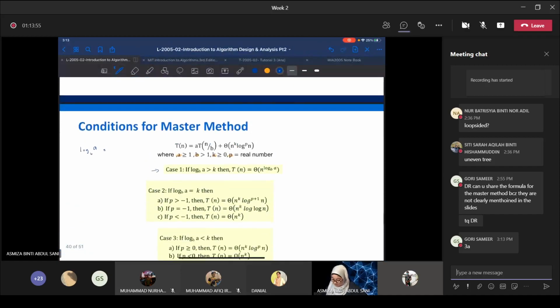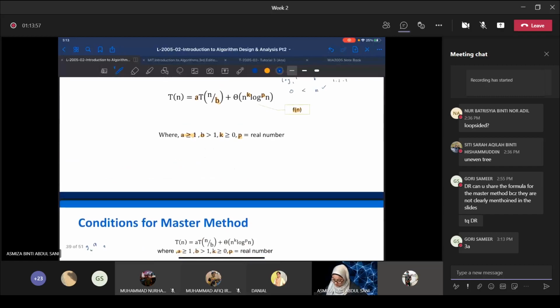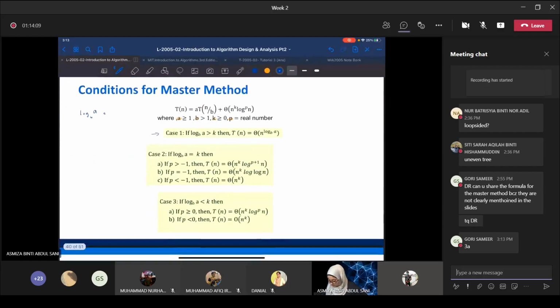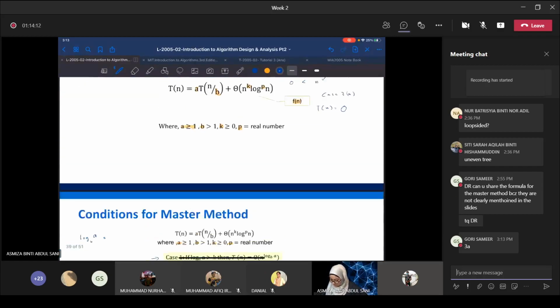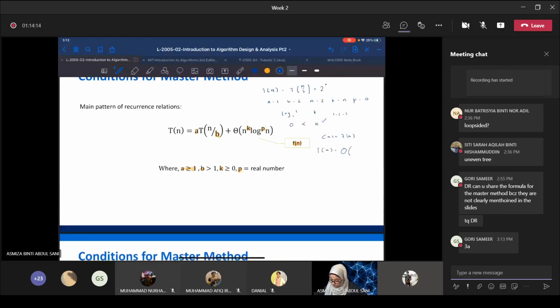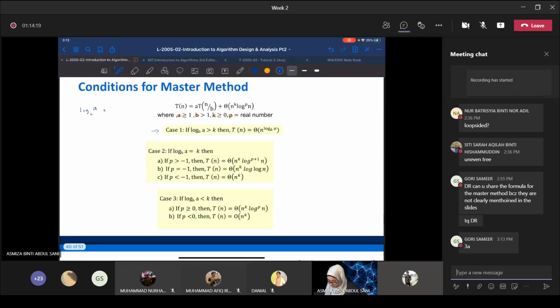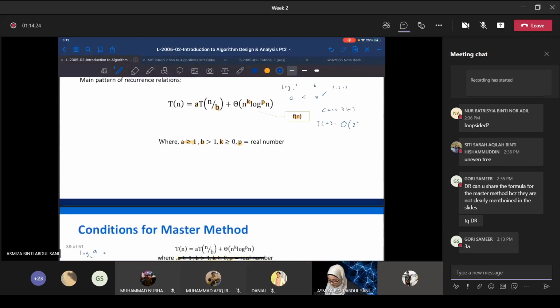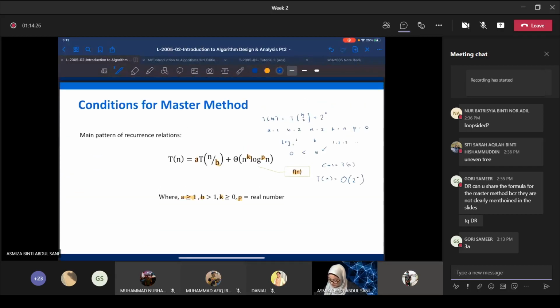So the answer should be, this is case 3a. Therefore, T(n) is equal to theta of 2 to the power of n log^p n, so p is 0. So therefore, we get the answer as theta of 2 to the power of n.